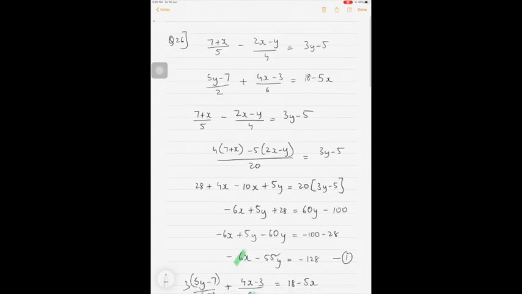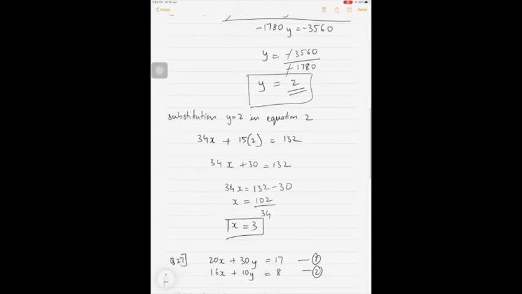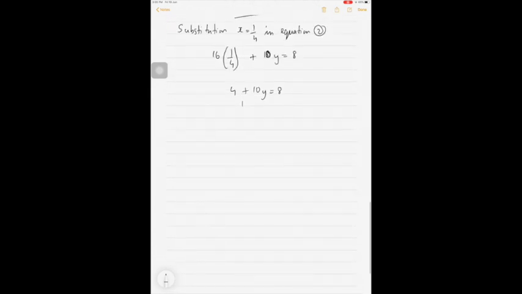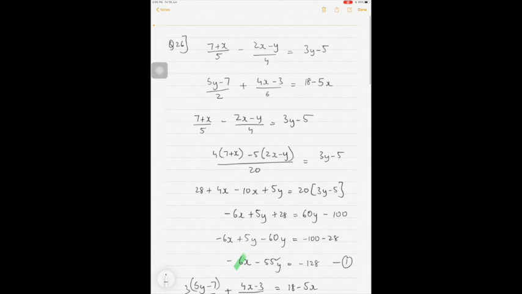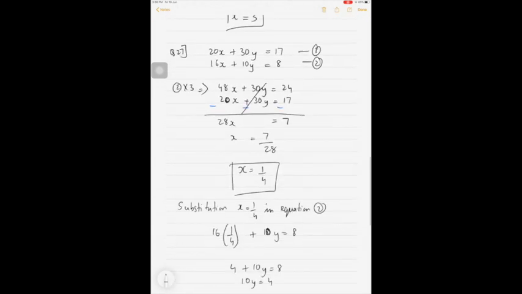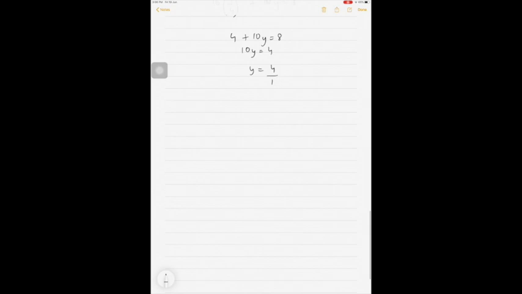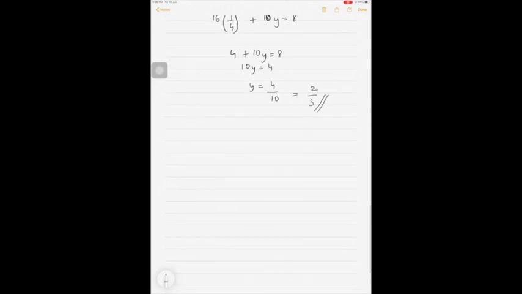So 4 plus 10y is equal to 8. 10y is equal to 8 minus 4, which is 4. y is equal to 4 by 10, which is 2 by 5. So y is equal to 2 by 5. This is the final answer.